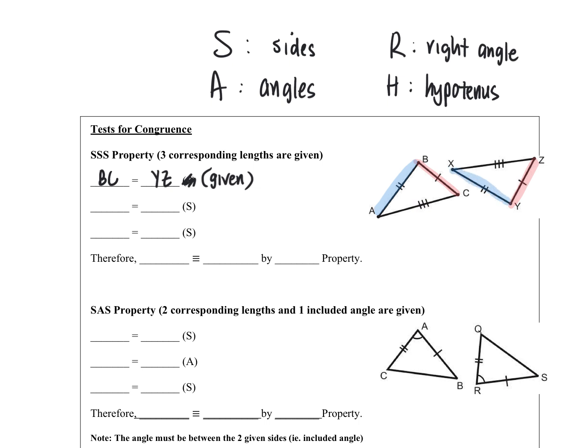AB matches with which one? XY, yes. So again, it is given. It's another side, but it's given. The last side, let's write AC. Then it will match with XZ.